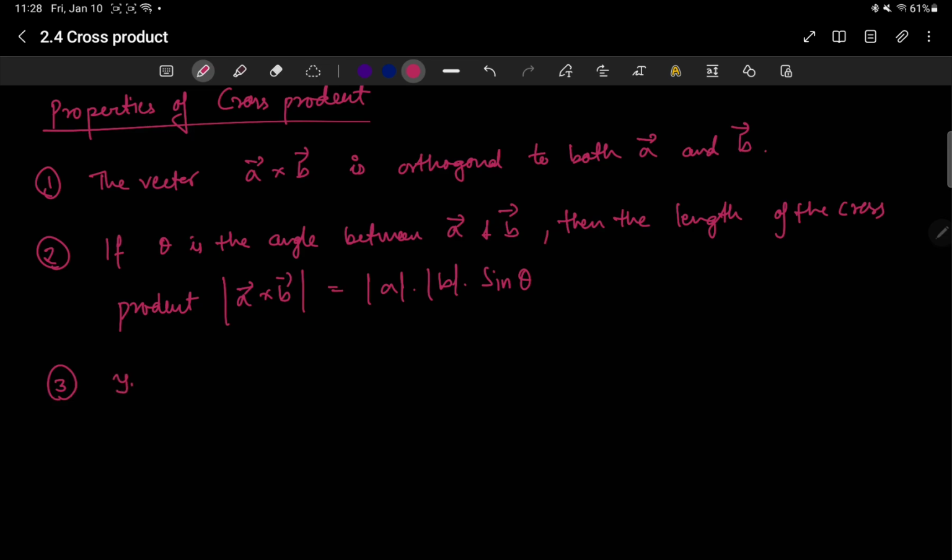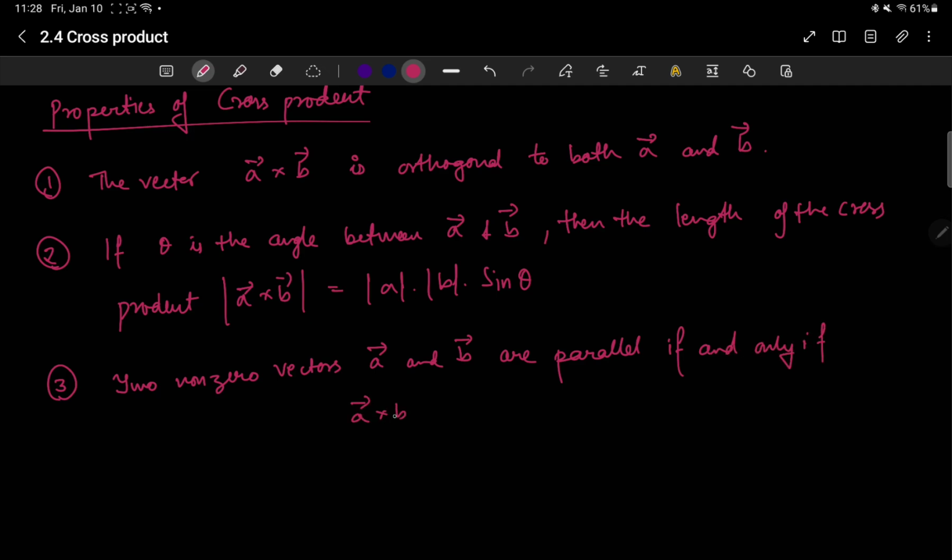Third result, two non-zero vectors A and B are parallel if and only if their cross product is 0.